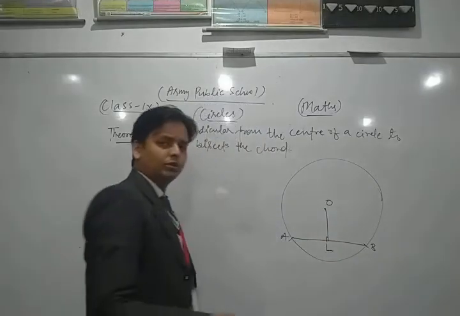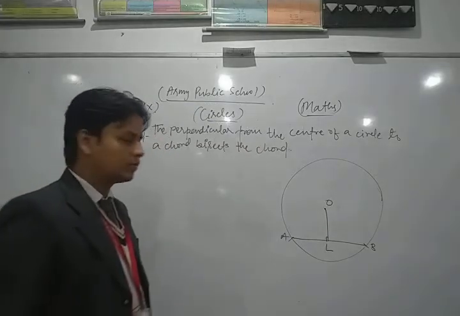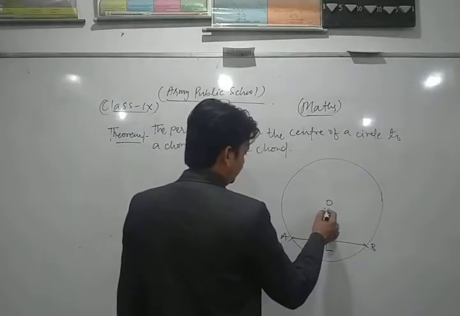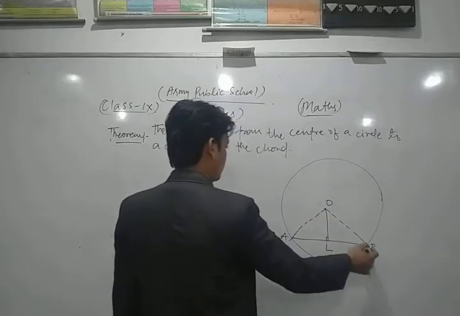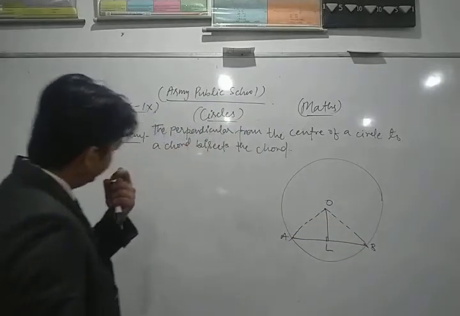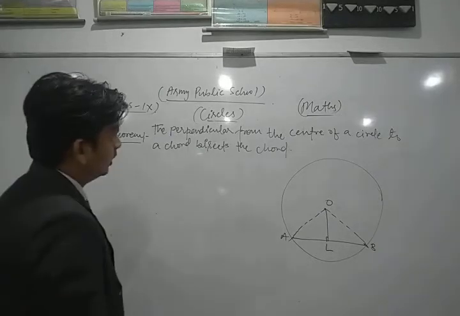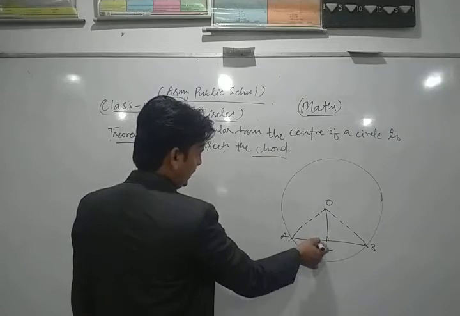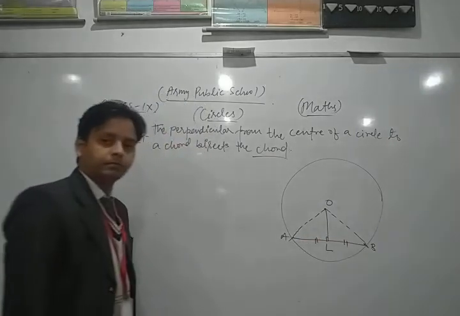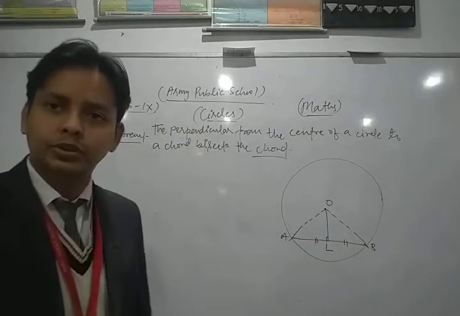Now we have to do some construction, and the construction is: we just join OA and OB respectively. And we have to show that the perpendicular bisects the chord, which means AL is equal to BL. We have to show it.